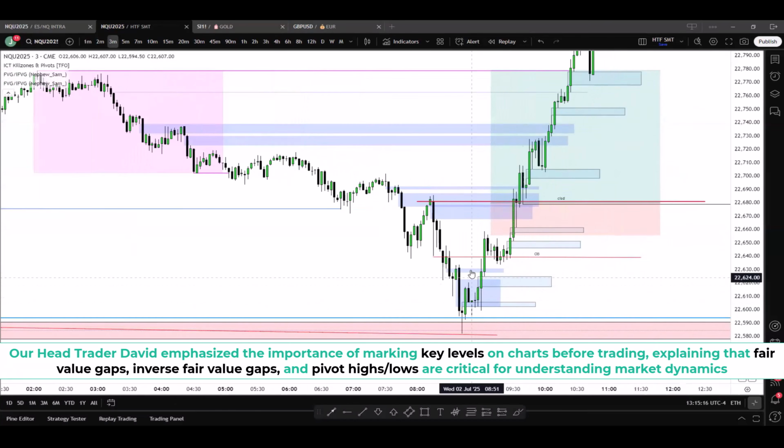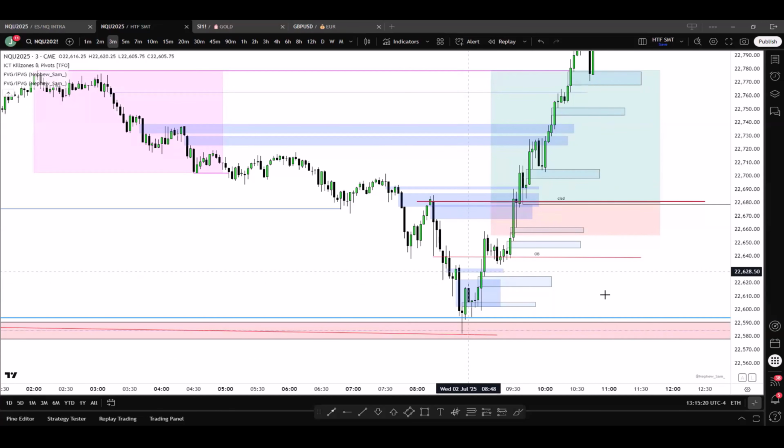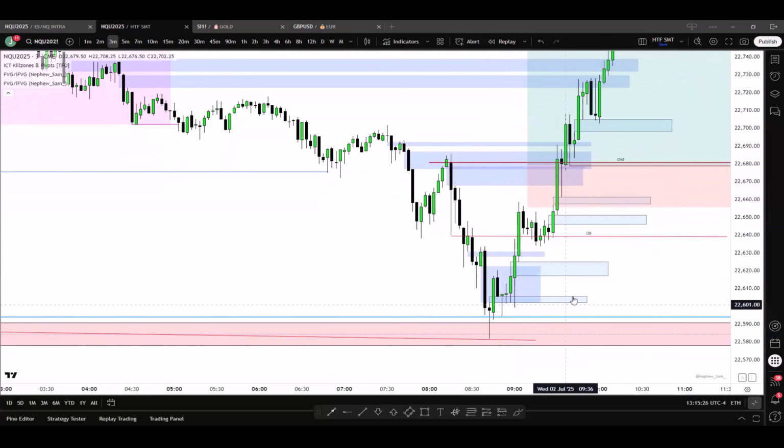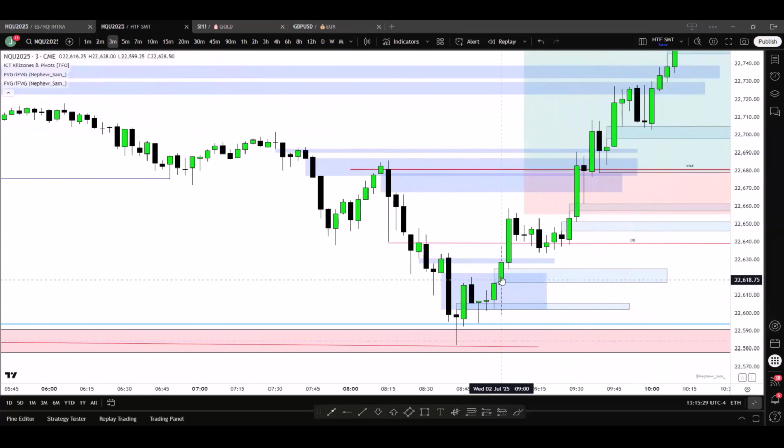You see how there's two fair value gaps here on the 3 minute inverses? Yeah. Okay. I did not enter on this one right here. Why did I not enter on this candle right here? Can anybody tell me?